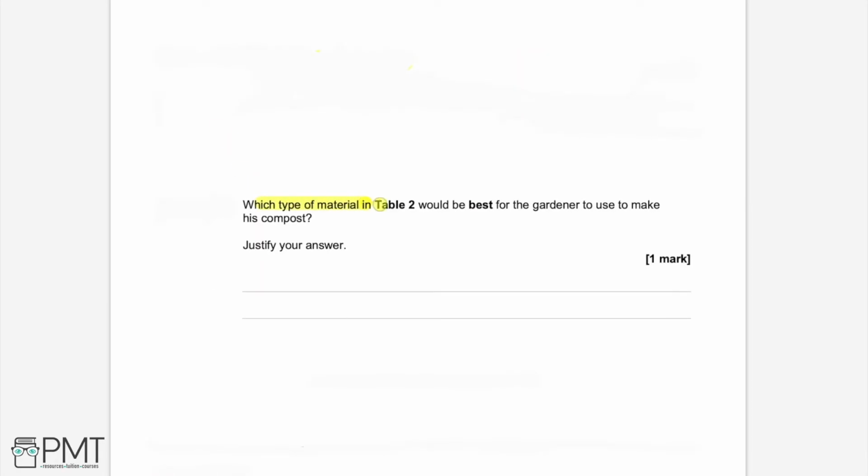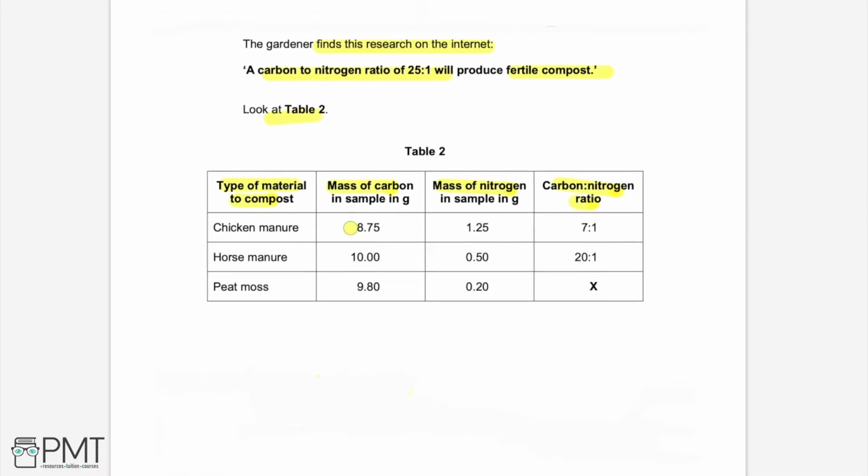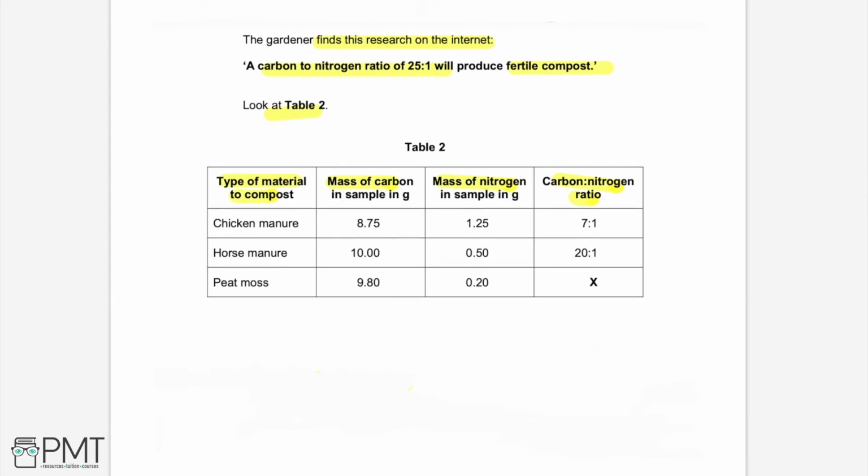Which type of material in Table 2 would be best for the gardener to use to make his compost? Justify your answer. Well, looking back at the table, we can see that just before it states that a fertile compost is that which has a ratio of carbon to nitrogen of 25 to 1.